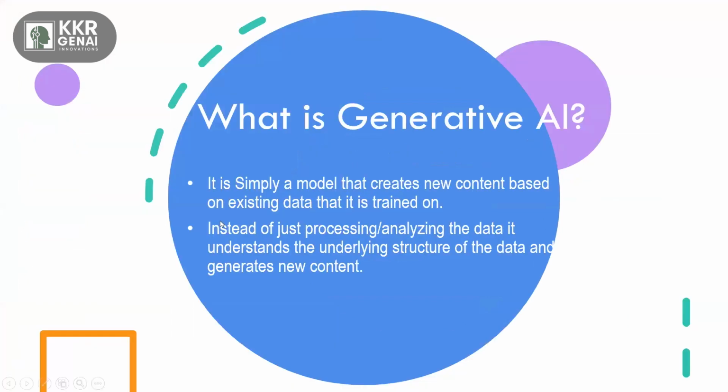So, like Venkatesh mentioned, what is generative AI, right? In very simple terms, it's basically a model which creates new content based on existing data. Till now, in AI models, we mostly focused on analyzing and processing the data, trying to get insights from it and make basic predictions using variables or target variables and all of that, right?